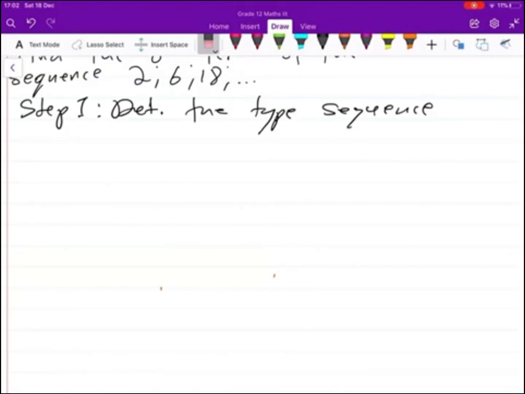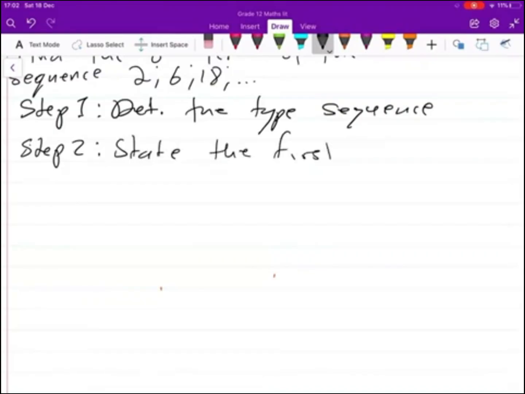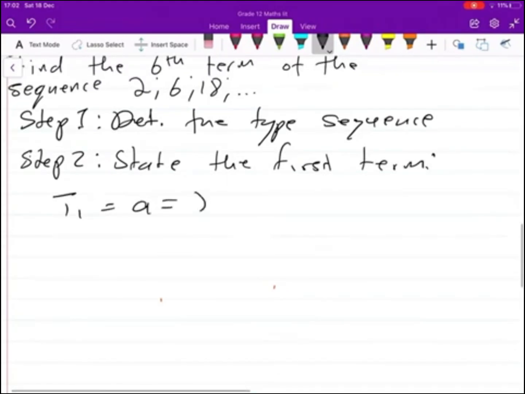So first I want to state step 2. State the first term, T1 equals A, which equals 2. Very easy. And then I want to find my common ratio.